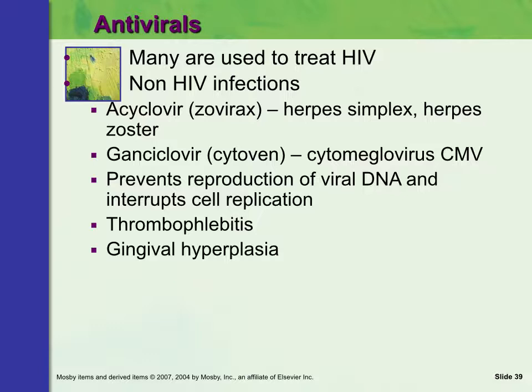It also causes gingival hyperplasia, so the patient should seek dental checkups. If it's given topically, you want to put on gloves and prevent the transfer to your hands. And keep the lesions washed 3 or 4 times daily and keep them dry.